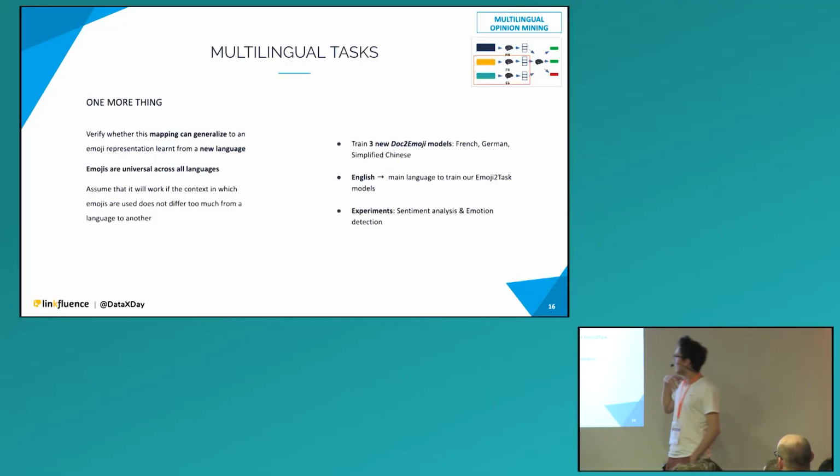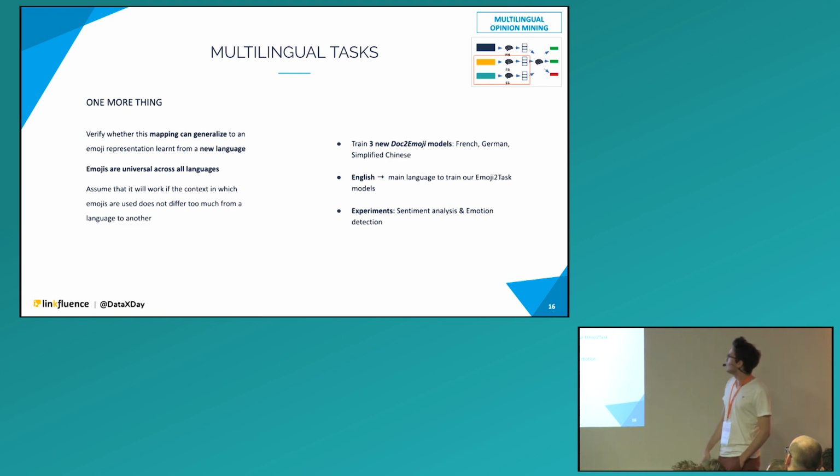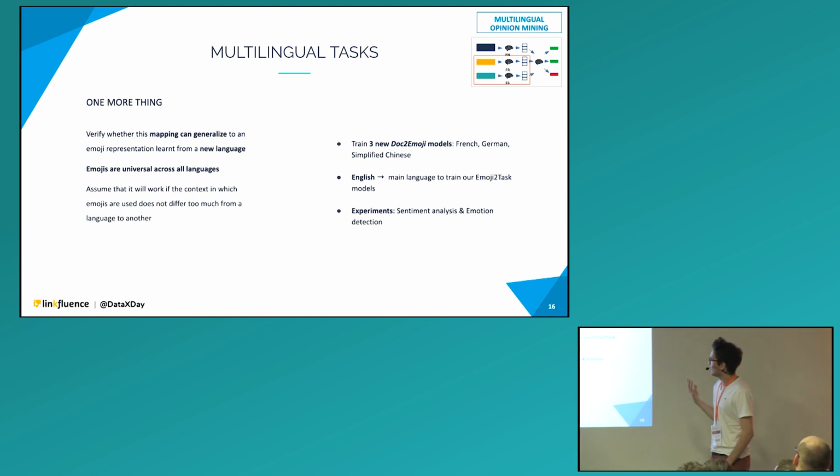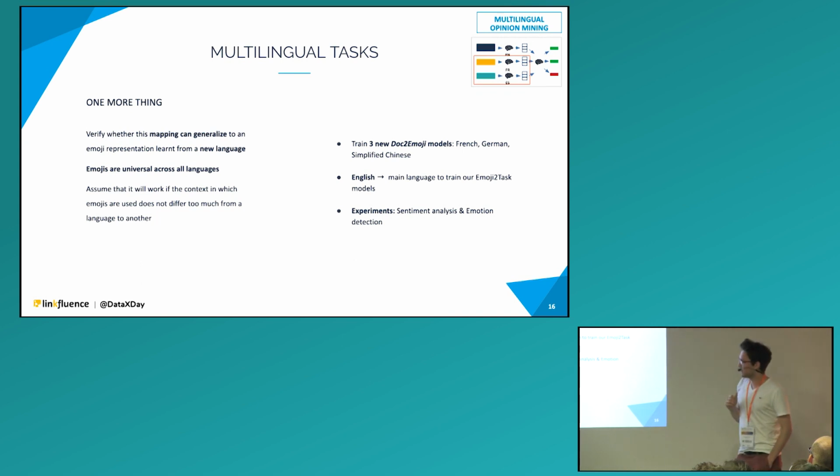Okay, so how did we verify the approach? We trained three new doc2emoji models, in French, German, and simplified Chinese. And as the main language to train the model, we took the English emoji sentence representations. Why English?